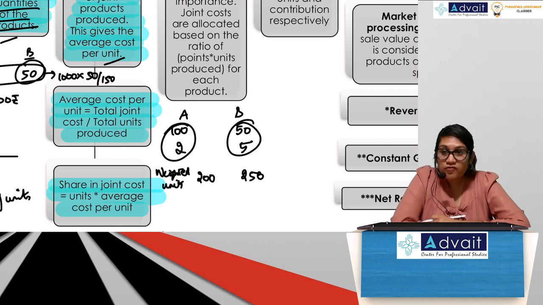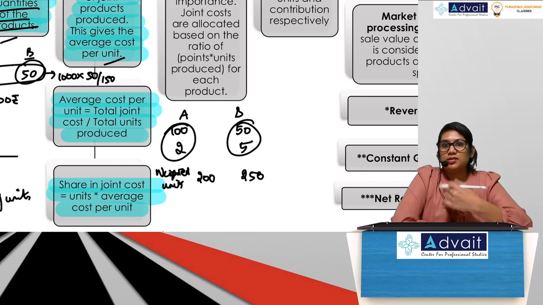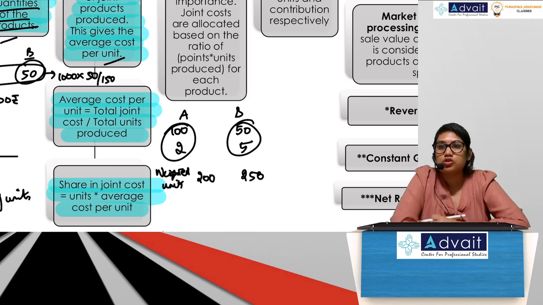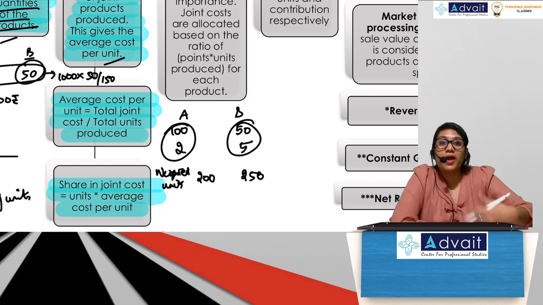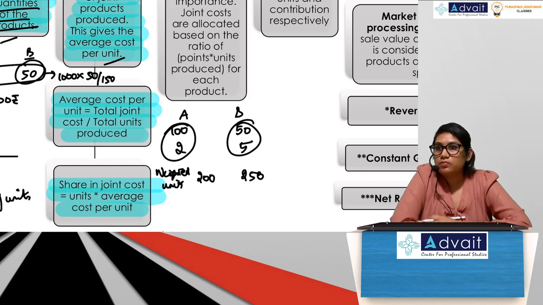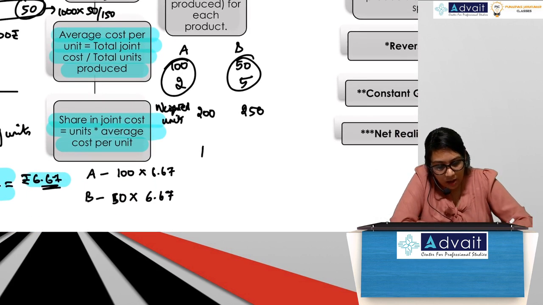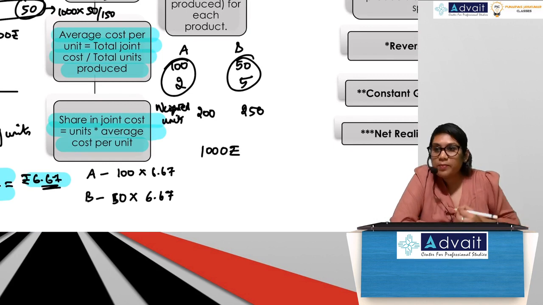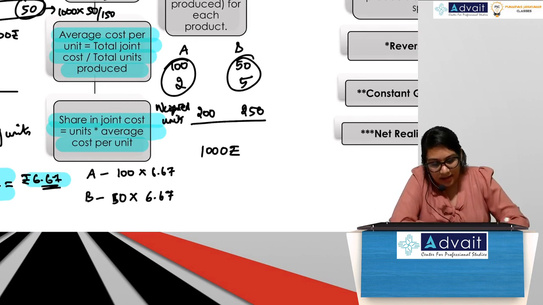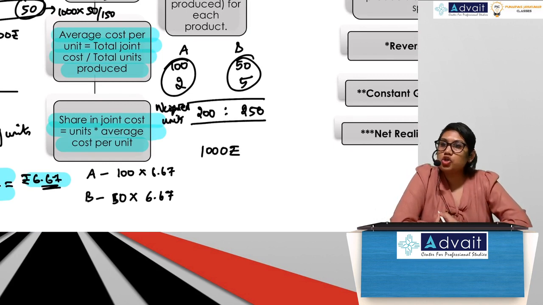So if one of them has a better quality, then that product should take in more costs also, because it would have used up more of those expenses to make the quality better. So the technical points method is a better method than the other two. So now what will you do? 1000 rupees will be divided in the ratio of 200 is to 250.